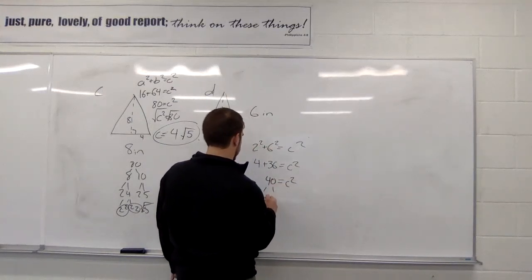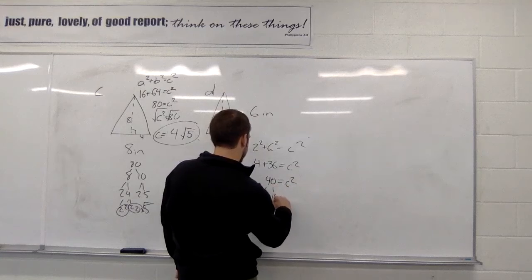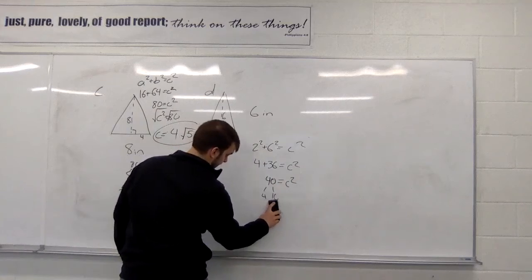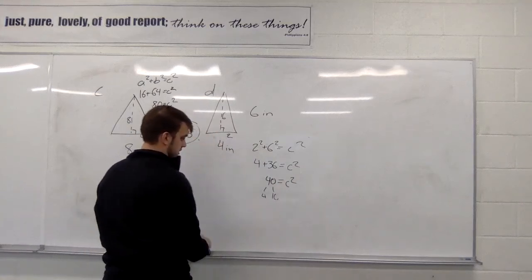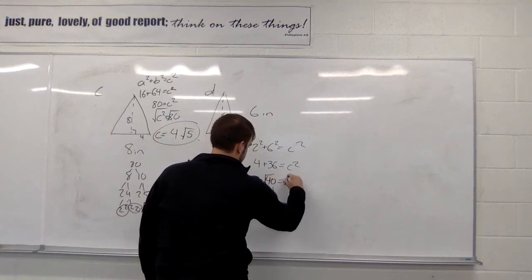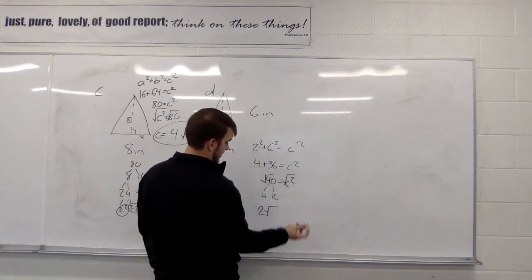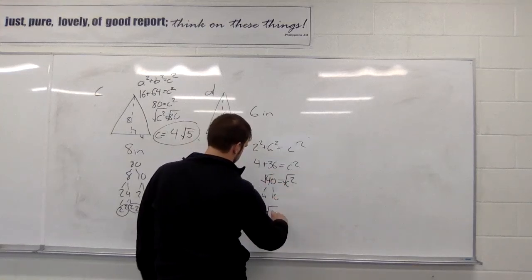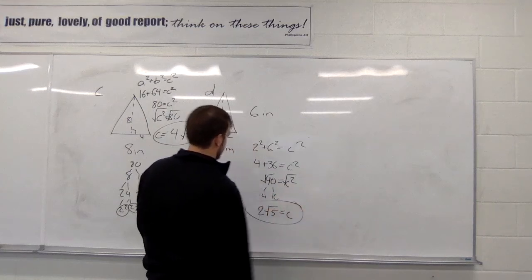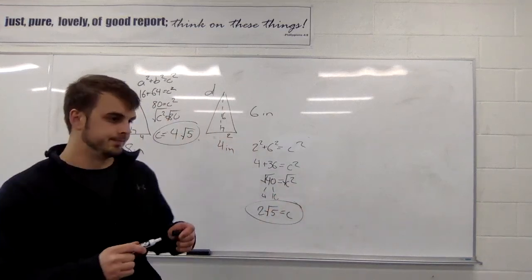Prime factor this down, it's going to be 4, 10, 2, 2. So I already know that the square root of 4 is 2. That's going to go outside. And the square root of 10, that doesn't simplify any further. So C is equal to 2 times the square root of 10. That is your answer for that.